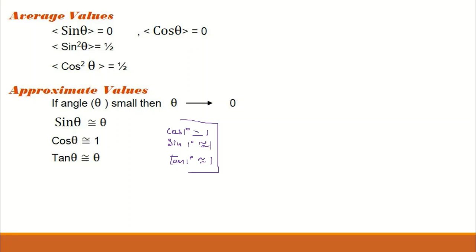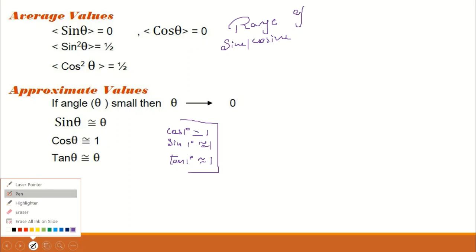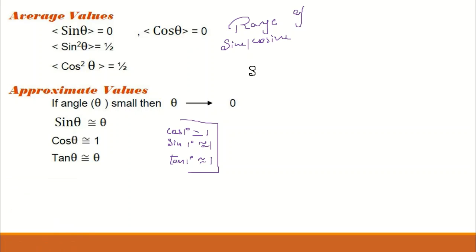Now coming to the domain and the range of the function, the range of sine or trigonometric functions. The sine has values from 0 to 1 and minus 1. So it has minimum value minus 1, maximum value 1.